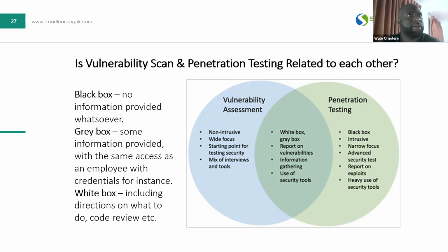Okay. But some tests can also be gray box. The gray box is where some information is provided, with the same access as an employee with credentials, for instance. So in other words, Tony can also say, you know what, Alex, this is gray box now. Go target my home, but I will give you certain information. This is the address.